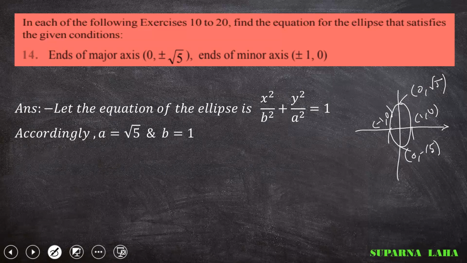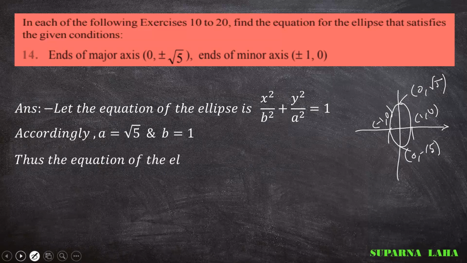So a is root 5 and b is 1. So ultimately the equation of the ellipse will be x square by 1 plus y square by 5 equals 1.